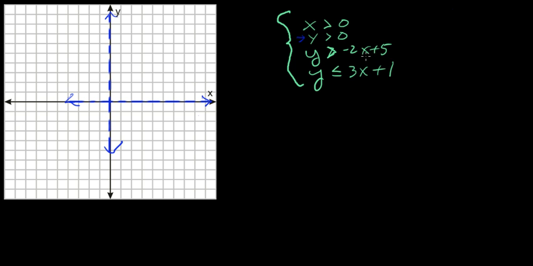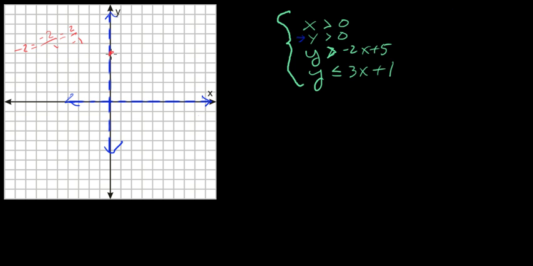Looking at negative 2x plus 5, my y-intercept is positive 5. So I go 1, 2, 3, 4, positive 5. And my slope is negative 2. That means negative 2 equals negative 2 over positive 1, or positive 2 over negative 1, so I can use either one of those.